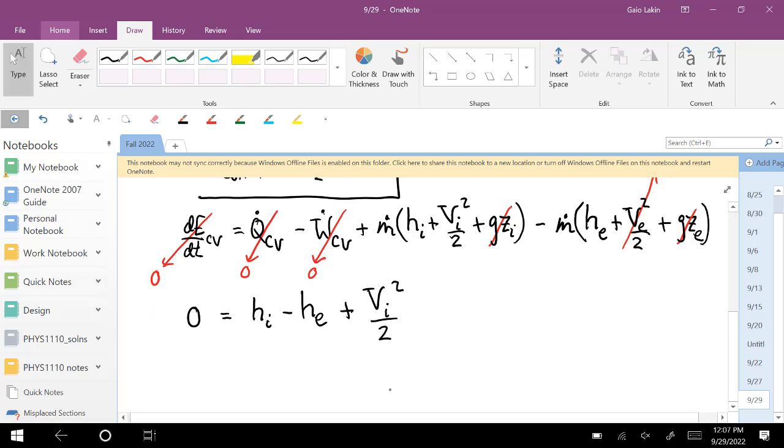For the diffuser, we know that he is going to be higher than hi. So I'm going to write this as he minus hi is equal to Vi squared over 2.